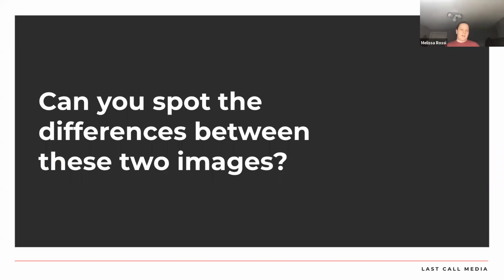So we're gonna test you guys a little bit and test your human eye. In this next slide, we're gonna give you two different images, an image A and image B. There's 5 differences, and I've already given you a head start here. We're gonna give you at least a minute to see if you can spot the 5 differences.